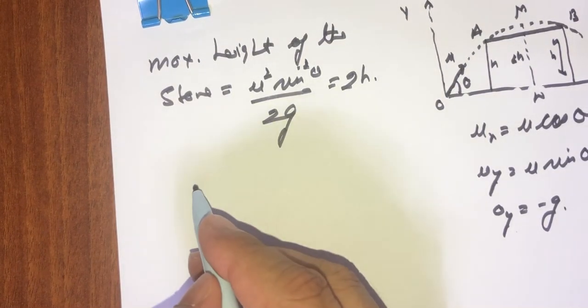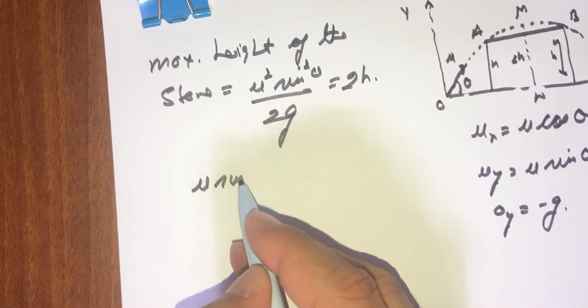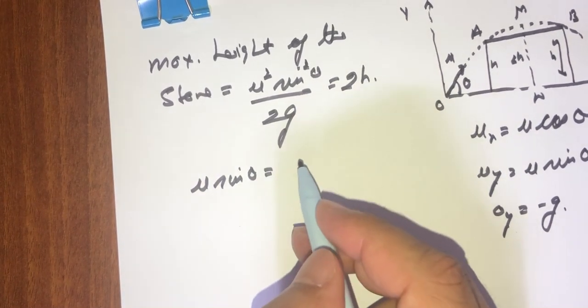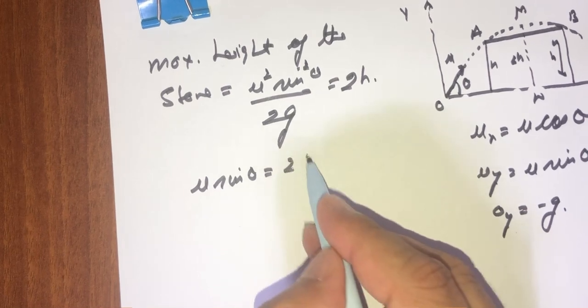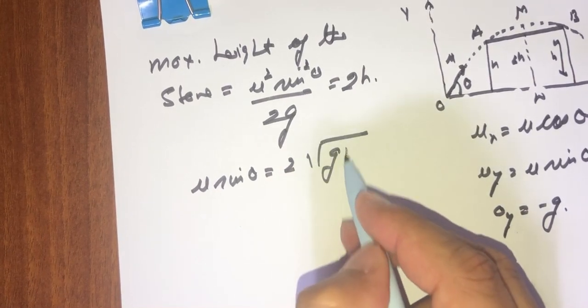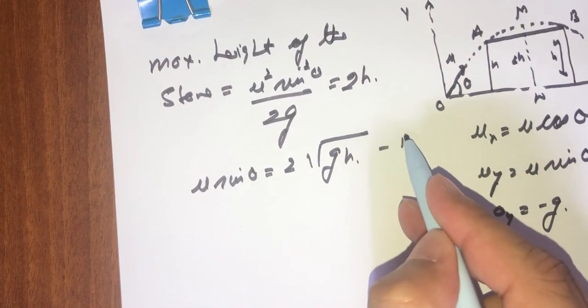So from here we can find out u sin theta will be equal to 2 square root of gh. Let us call this equation number 1.